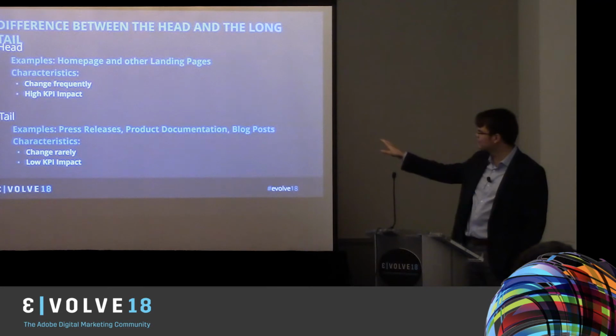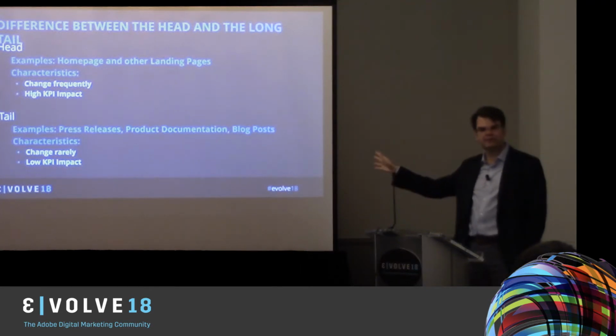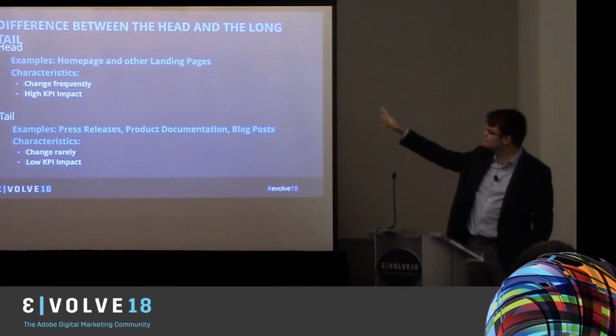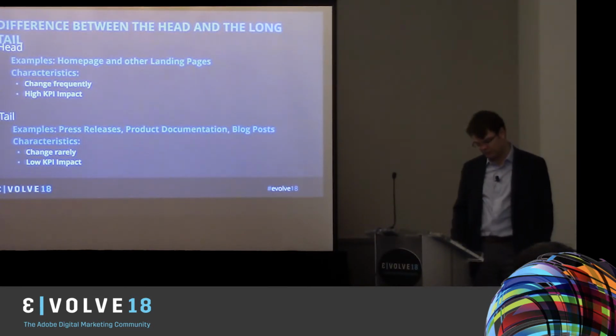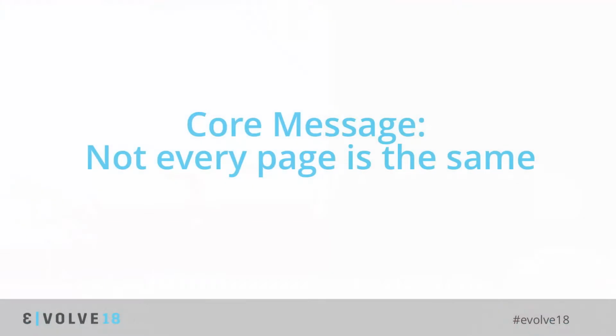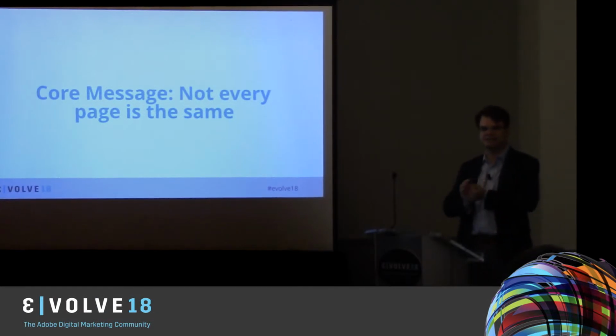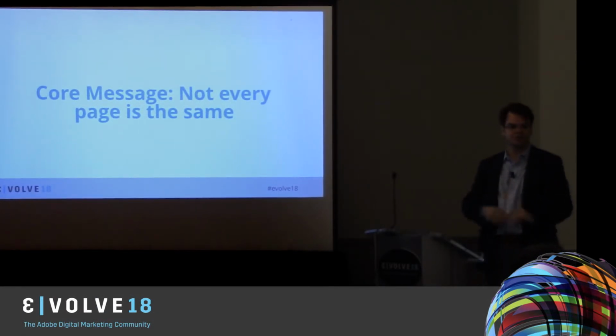A couple of examples here: blog posts, product documentation, press releases, and then at the top, some examples for the head. That said, today's core message is that not every page is the same, and given that, there's a slightly different approach to personalizing pages that belong to the tail and the head.